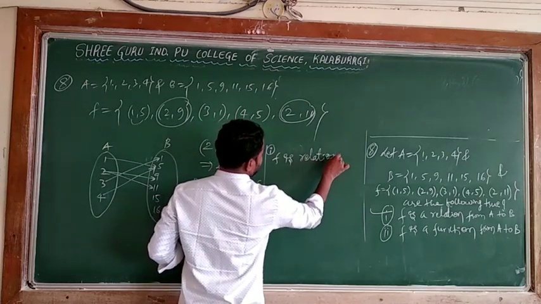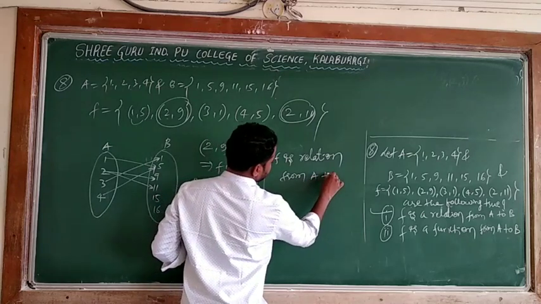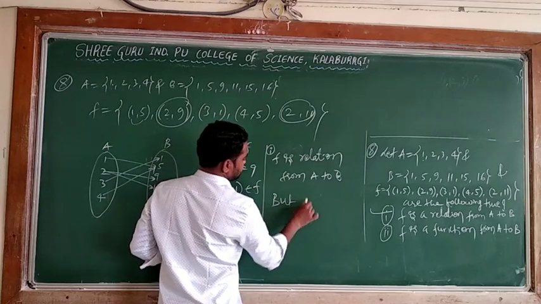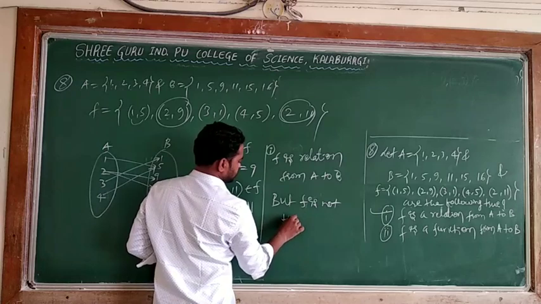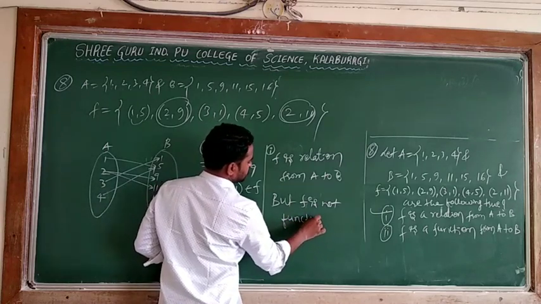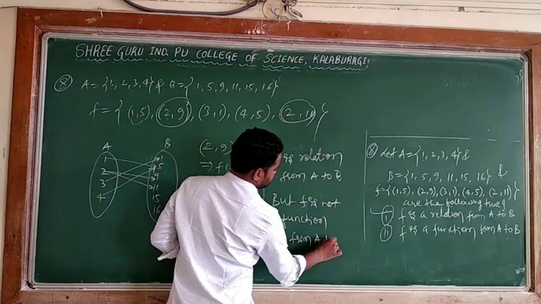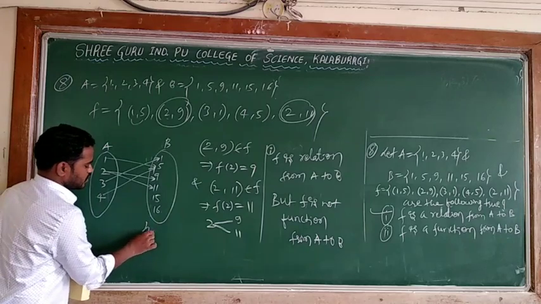f is a relation from A to B. But f is not a function from A to B, because the condition is this.